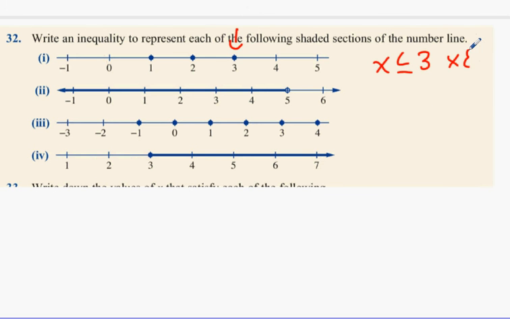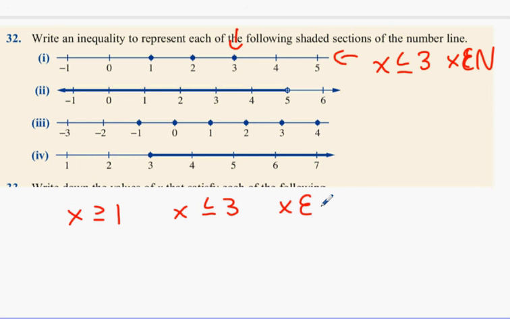Can anybody in the class give me another way of writing this answer? This is the answer to part 1. There's another way you could write the answer. Yes, Tom. X bigger than or equal to 1, x smaller than or equal to 3.